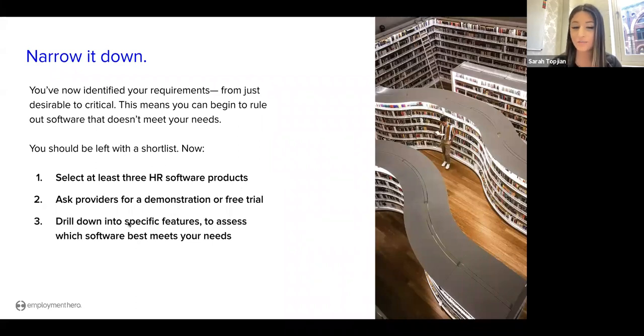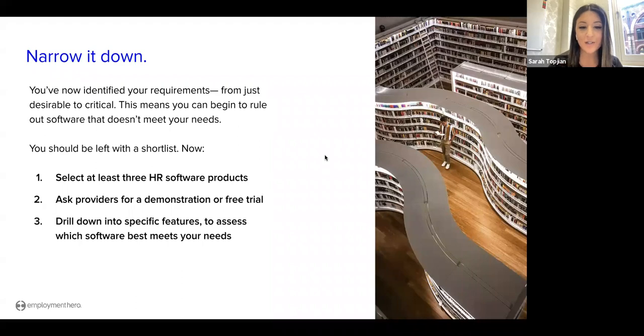Ask for a demonstration. That will give you the best idea on the look and feel and give you the ability to ask questions live. And a free trial can also help. I know Employment Hero offers a free trial that you can actually go in and click all the buttons, and some people learn and like to feel the look and feel of the system before they purchase. So that's also an option as well.